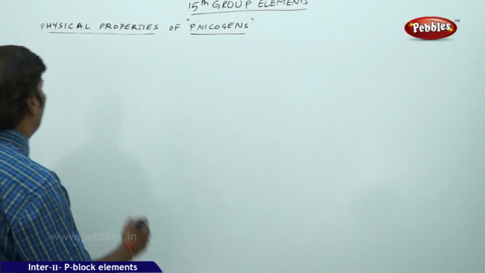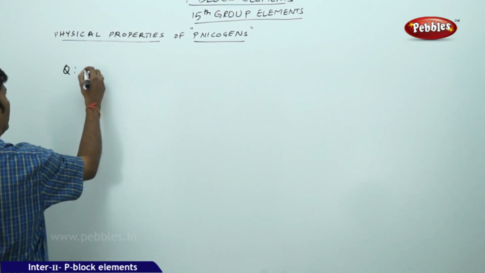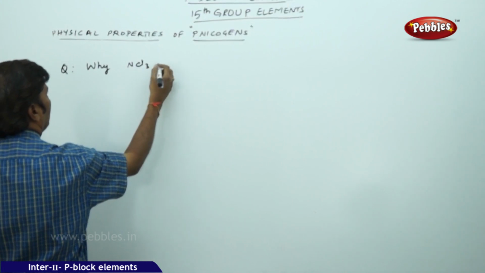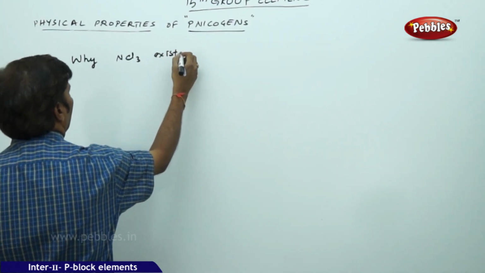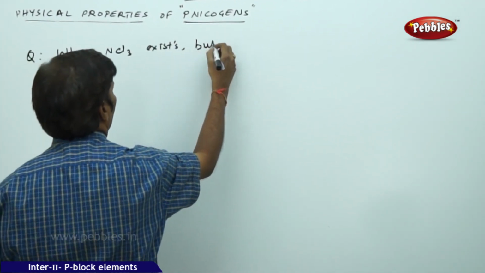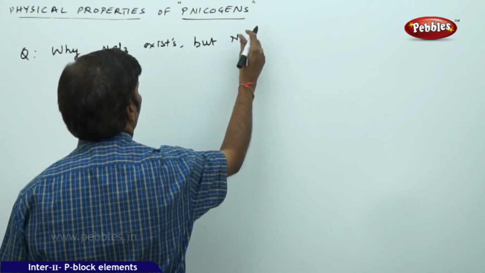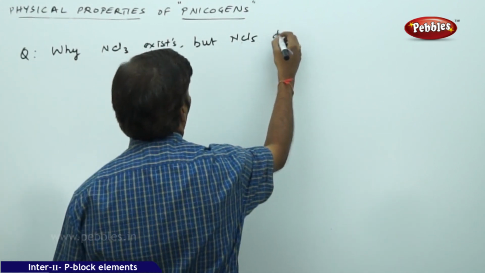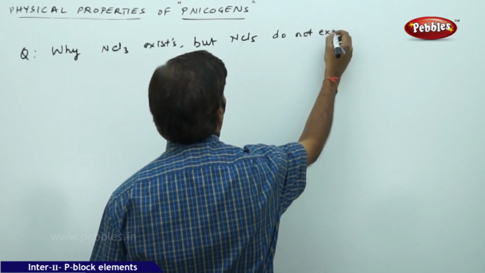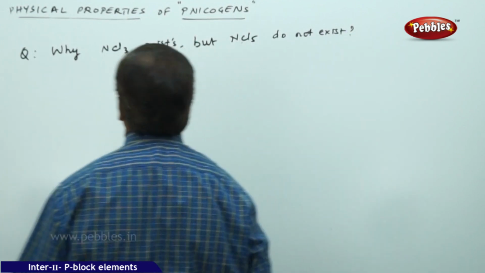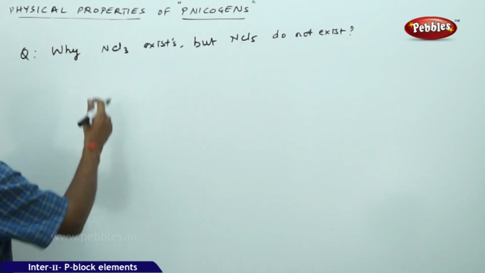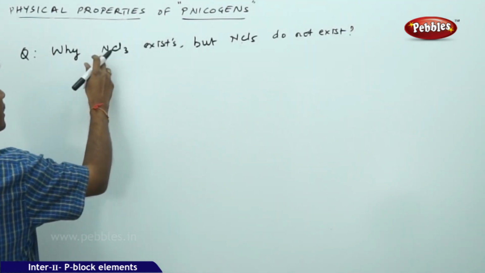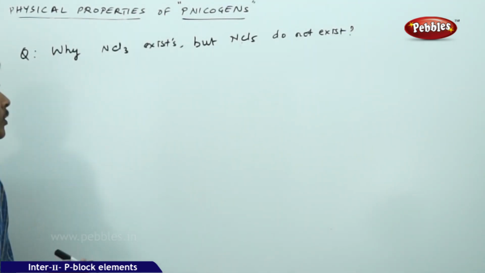Suppose one question is: why does NCl3 exist but NCl5 does not exist? NCl3 exists because the bonding is between N and the s and p orbitals.